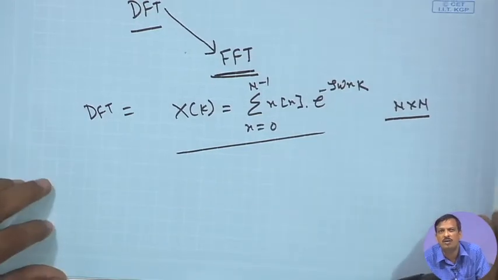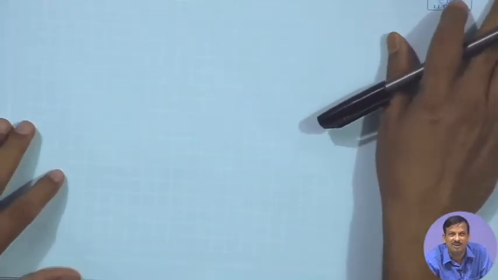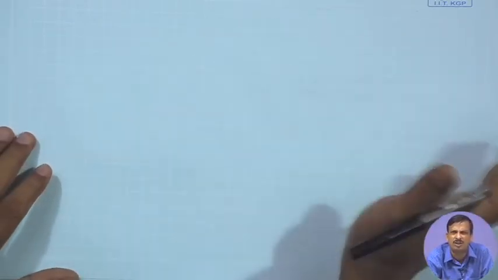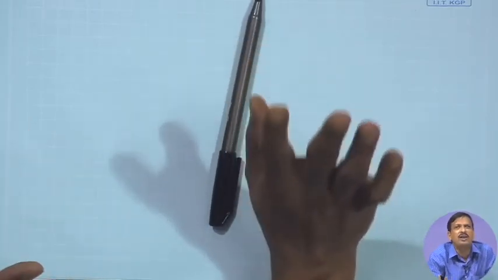One method is called fast Fourier transform. I will discuss only the radix 2 algorithm, the others you can study from the DSP book. I just discuss the philosophy, and the radix 2 algorithm is the most commonly used algorithm. So, if I want to reduce N cross N, I ask you from the computer science background, suppose I have a search space.